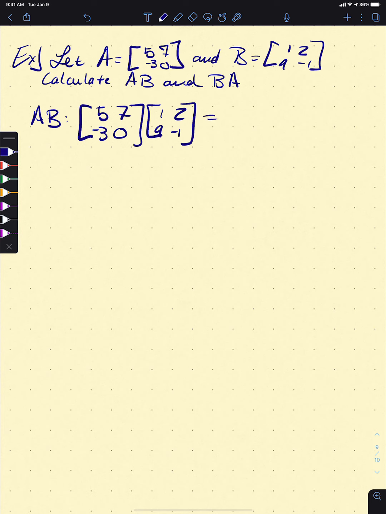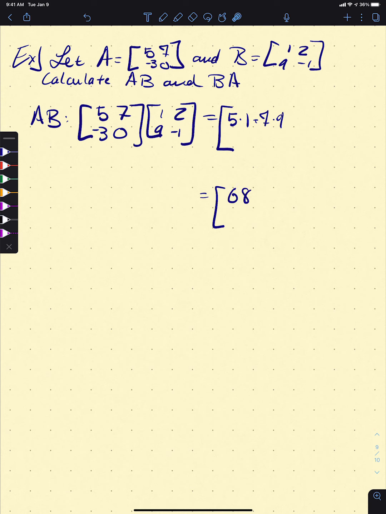And this time I'm going to write out the full expansion of what's in each of these. So what happens here? Well, it's the inner product of this row with this column. So it looks like it's going to be 5 times 1 plus 7 times 9. And then I'll put down here what that equals. 7 times 9 is 63, plus 5 is 68.